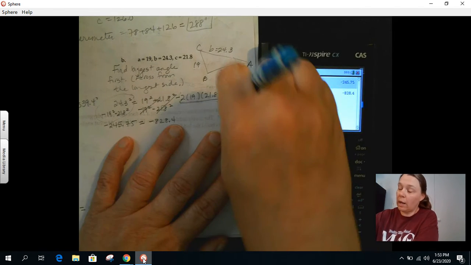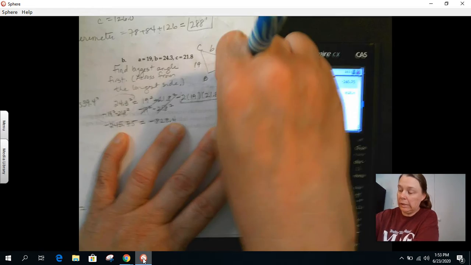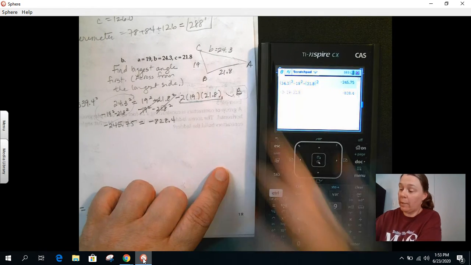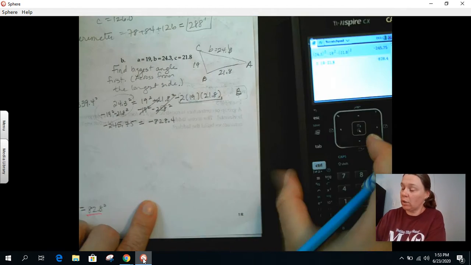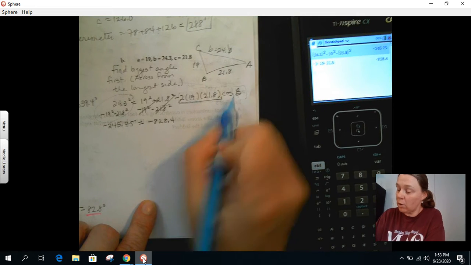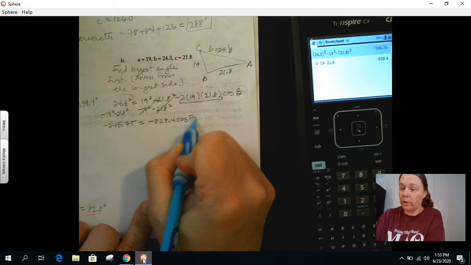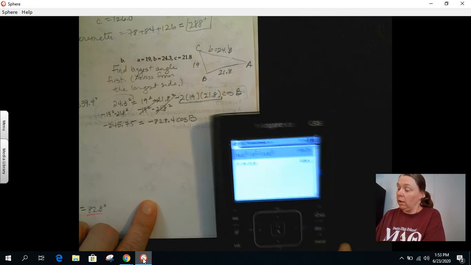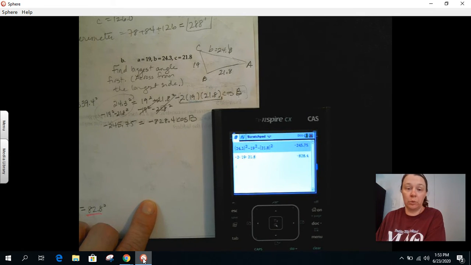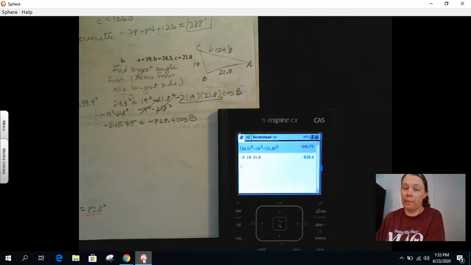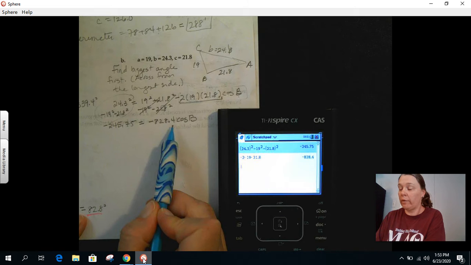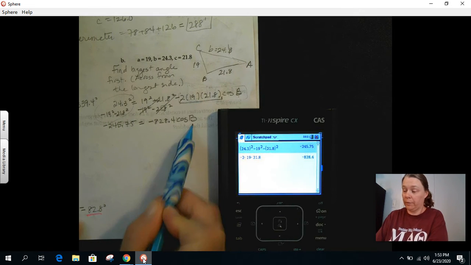You guys, I wrote sine. It's a good thing I caught that. How many of you have been screaming at the screen? It's cosine, it's cosine. Good thing I caught that. All right. So it would have been bad. So I have negative 828.4 times a cosine of B.